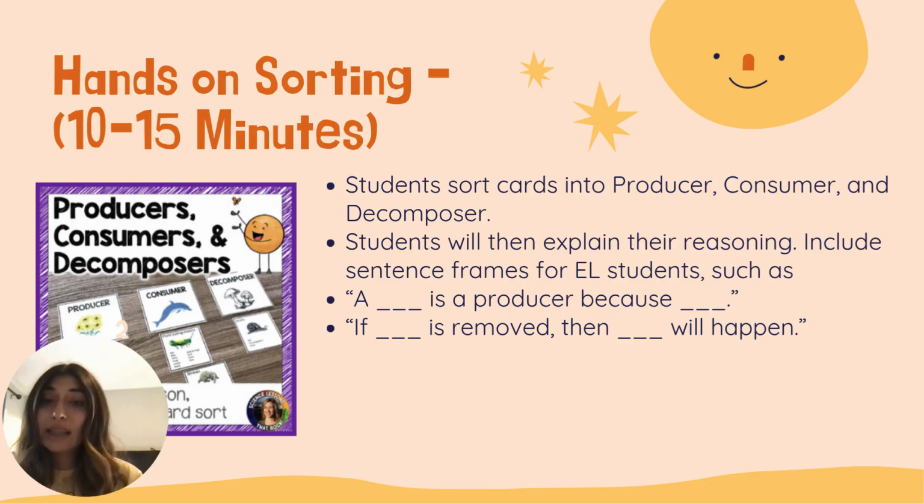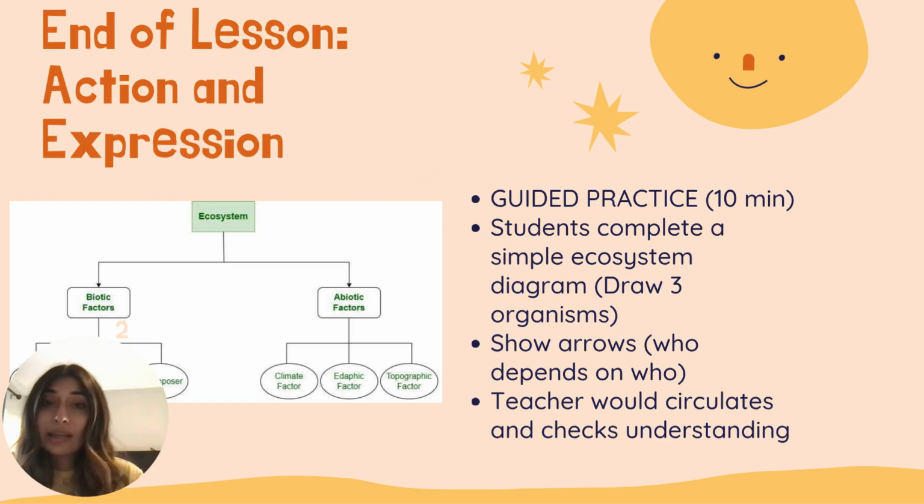You will fill out the other sentence too: if blank is removed, then blank will happen. What do you think would happen to the ecosystem if an animal was removed?